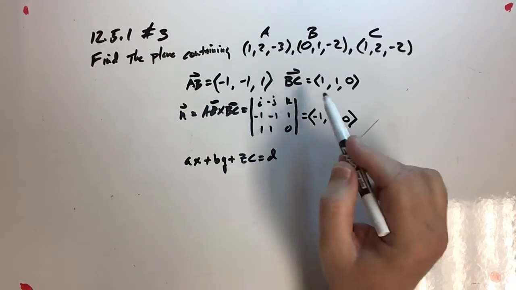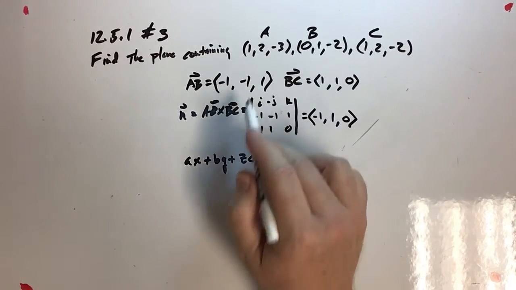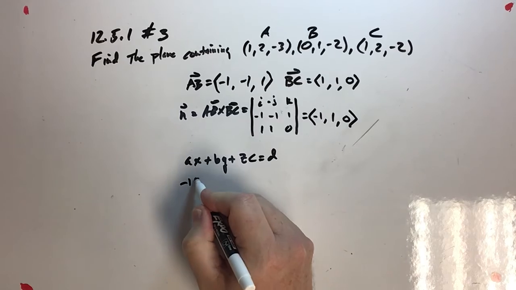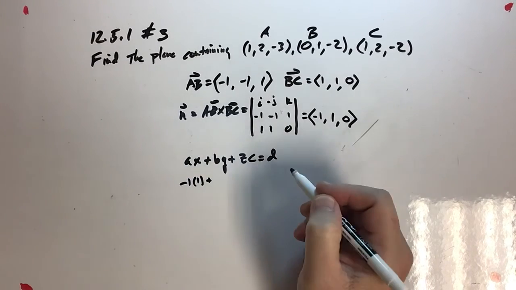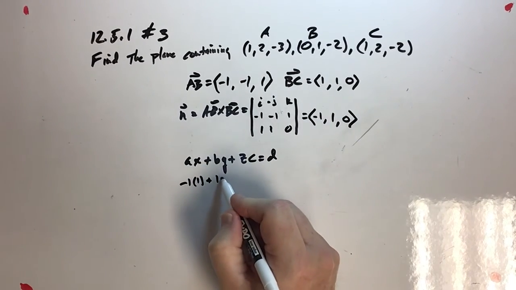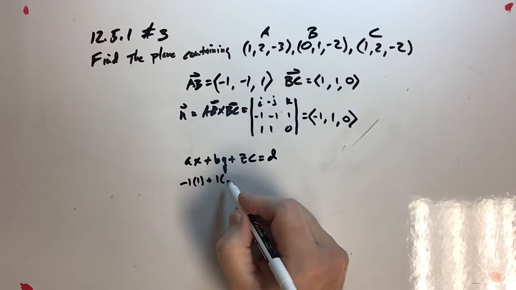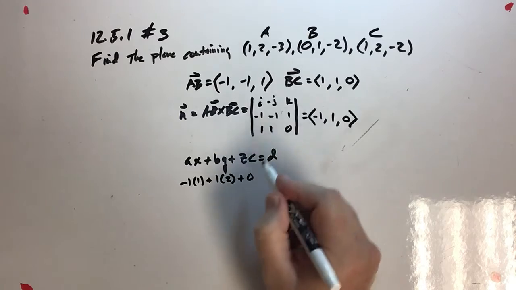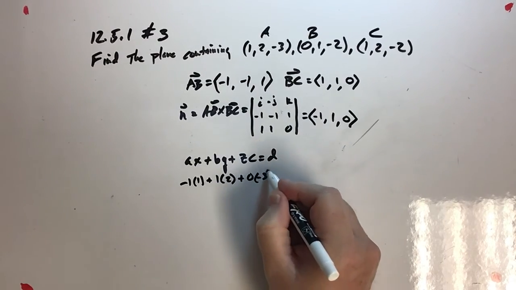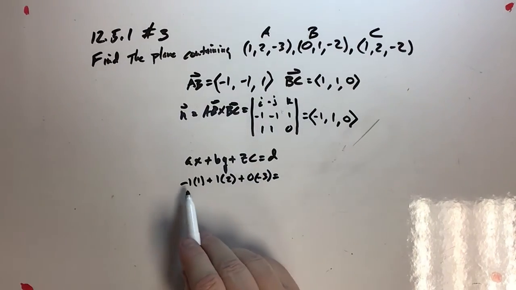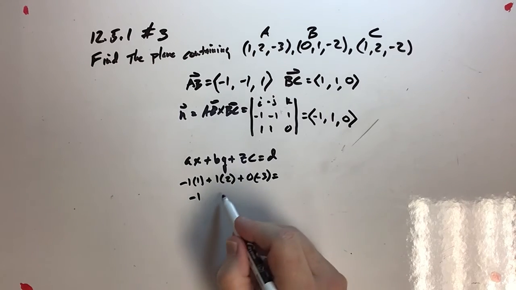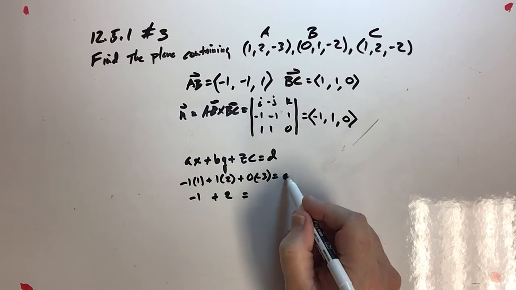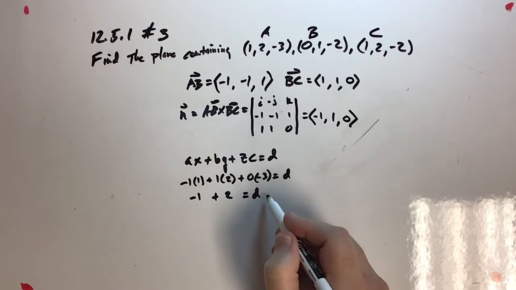So I'll just go ahead and use point A. So the direction number -1 times the x component, 1, plus the direction number 1 times the y coordinate, and that's 2, plus 0 times -3. And that's going to give me my constant, and that's going to be -1 plus 2 equals the constant d. So d is going to equal 1.